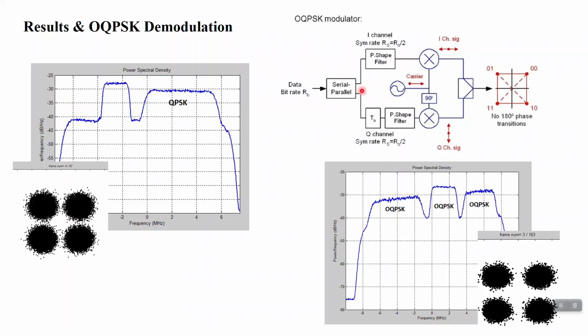So for implementation of the timing-PLL for offset QPSK, you should compensate the half symbol delay to reach a perfect constellation.